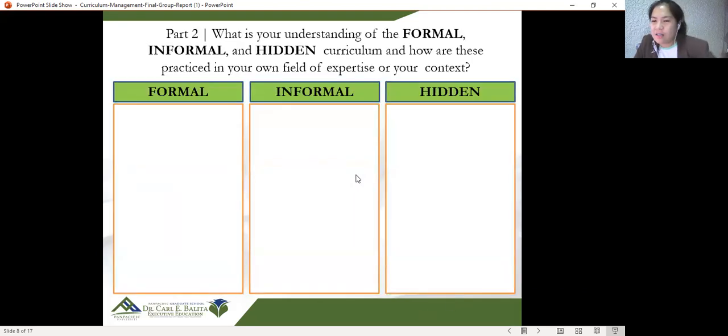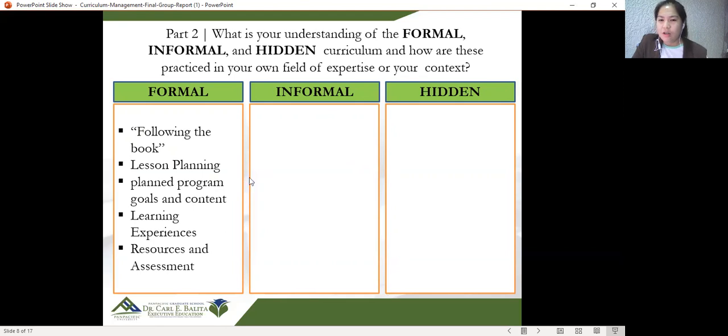Now, discussing the differences of informal, hidden, and formal curriculum. For the formal, following the book, lesson planning, plan program, goals and content, learning experiences, resources, and assessment.